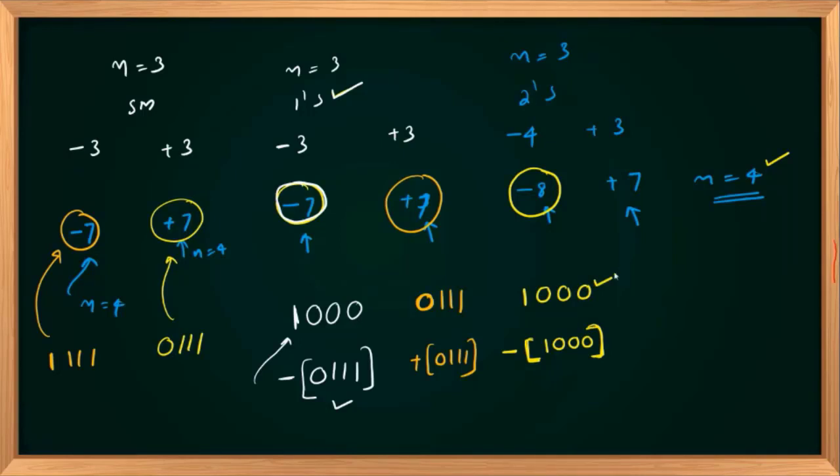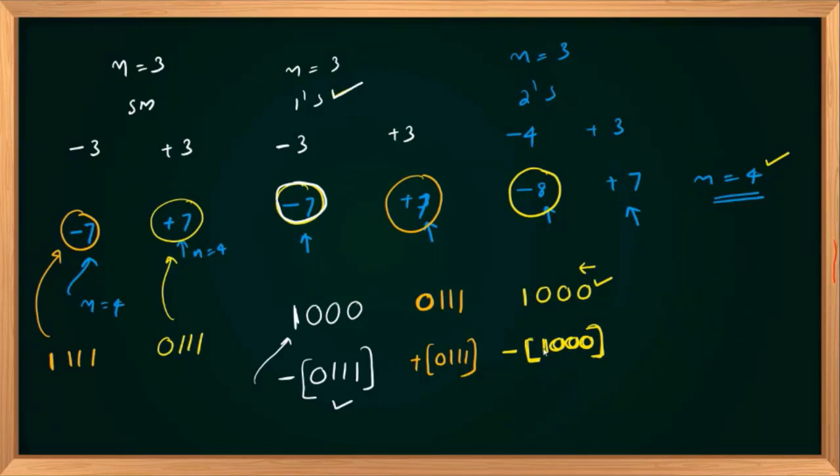The 2's complement of 1 0 0 is 1 0 0 itself, because I should travel from the right extreme towards the left. Until I observe a 1, I should repeat, so I'm repeating up to this 1. So the 1 0 0 pattern will give me -8 in 2's complement representation using n equal to 4, using 4 digits.